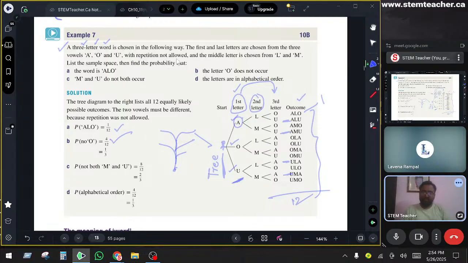Next, what is C? M and U do not both occur. M and U should not both come.